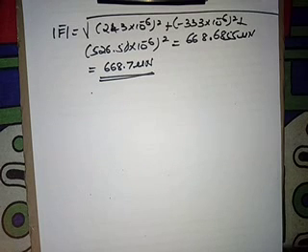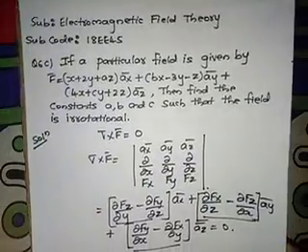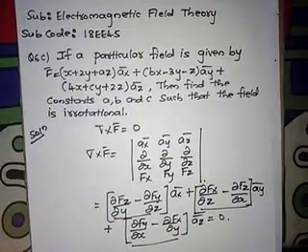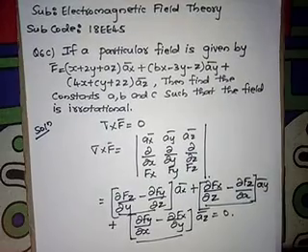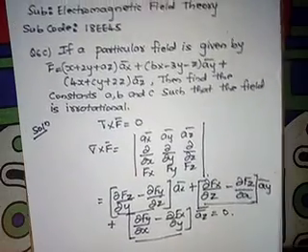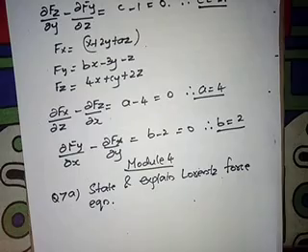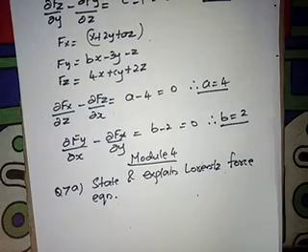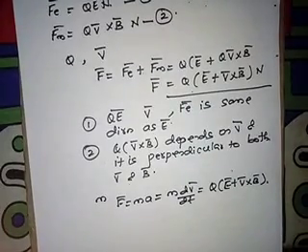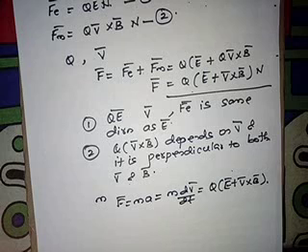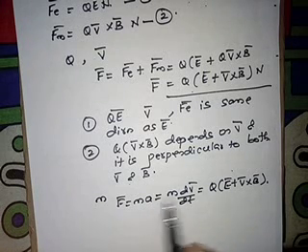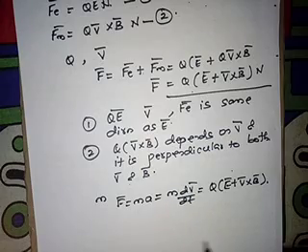In today's session we have covered an example where the vector field given was irrotational and we found the constants A, B and C. That was the first question. Then the second question was to state and explain the Lorentz force equation. We defined Fe bar and Fm bar and stated a few points on the Lorentz force equation.